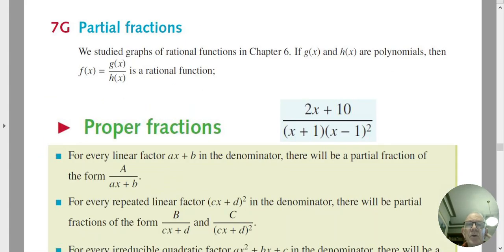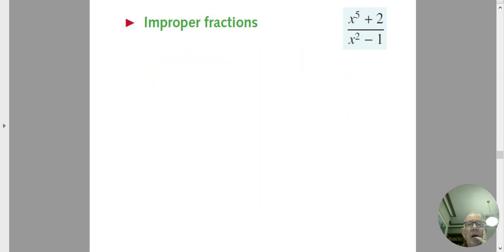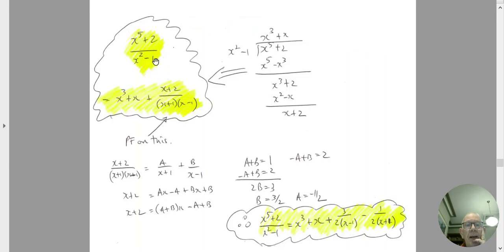7f is not in our course. When we're looking at partial fractions for 7g, we cannot take the antiderivative of this, so we turn it into partial fractions instead. I can turn my improper fractions into proper fractions by doing a polynomial division. And there is my polynomial division, which turns it into this.